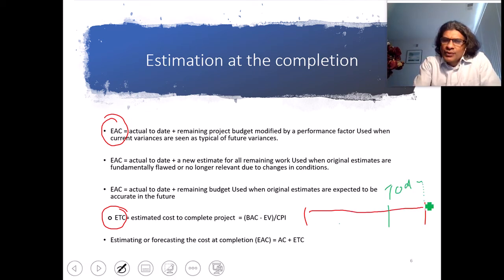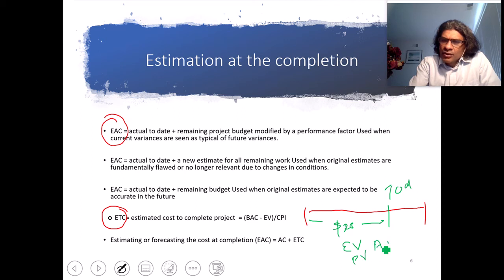Let's say you have spent $X so far from the beginning to today's date. You have spent $X according to your books, and you can definitely find out from the earned value, just like adding up all the costs from the planned value and also from the actual cost.